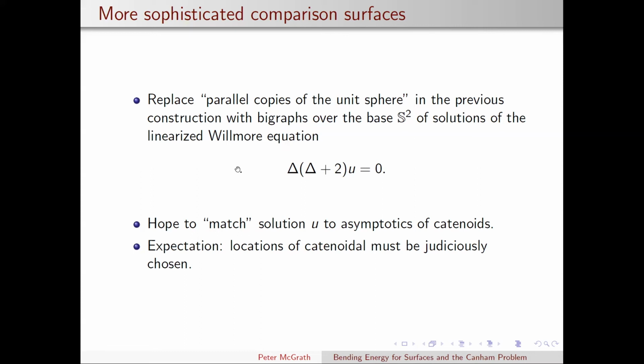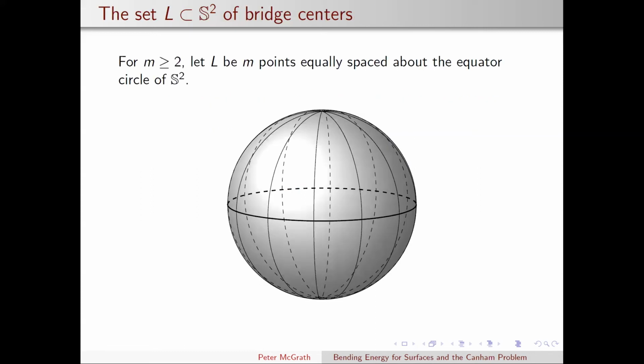So let me say a little bit more. I want to talk about the locations of the bridges. So here's a picture of a decorated two-sphere. And so what we chose is to put the centers of the bridges at m points equidistributed about the equator of the two spheres.